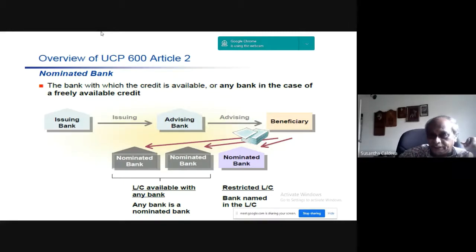Sampath Bank has authenticated the LC and advised it to the beneficiary. So Bank of Ceylon knows that this is an authenticated LC. That's it. Then they will negotiate. They can negotiate because the LC is freely available with any bank, so any bank is a nominated bank.